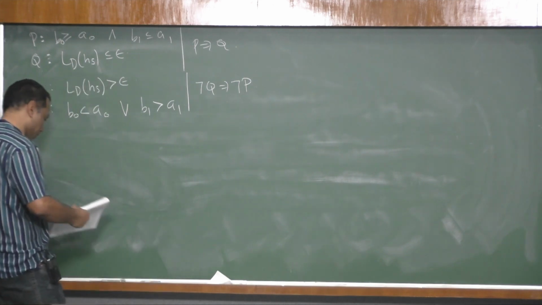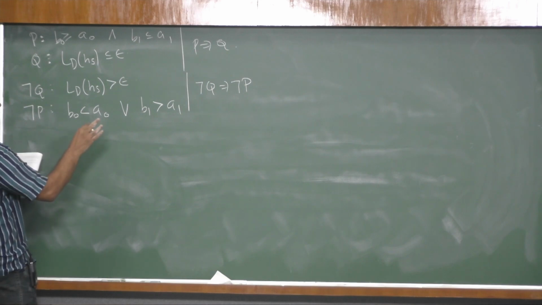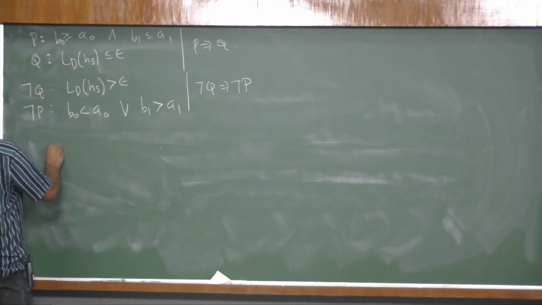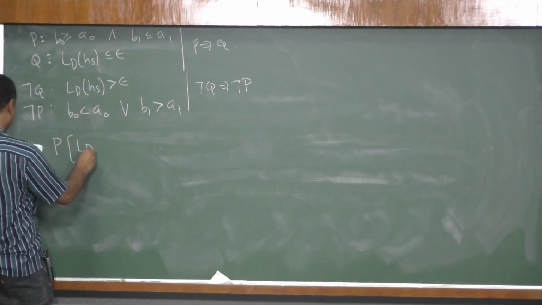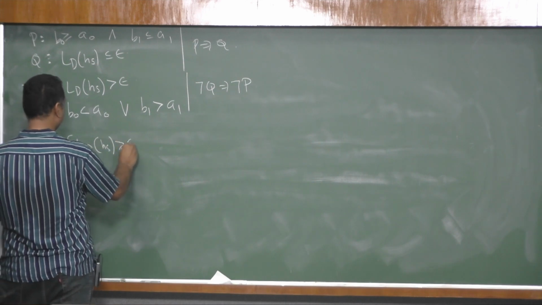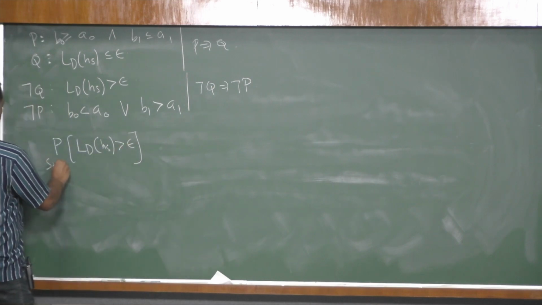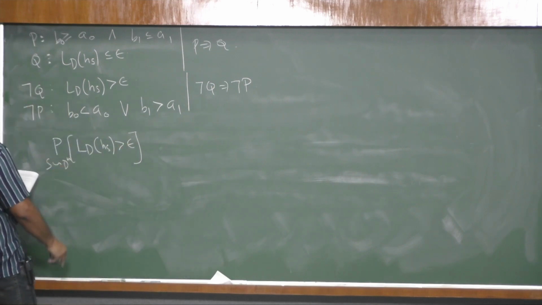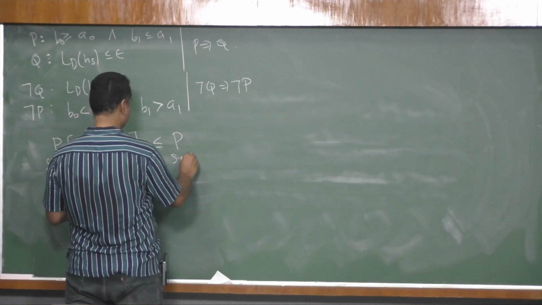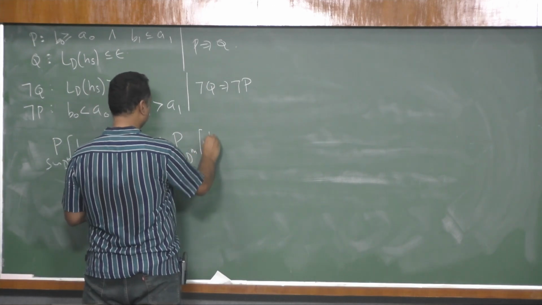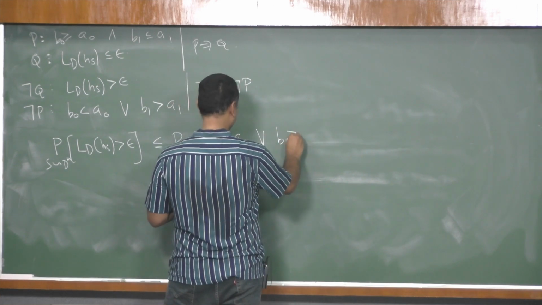We already wrote this, but in terms of probability, because everything is characterized with some probability, we just have to put P here. So the probability over S from the distributions that LDHS is greater than epsilon is less than or equal to the probability over these samples that B naught less than A naught or B1 greater than A1.